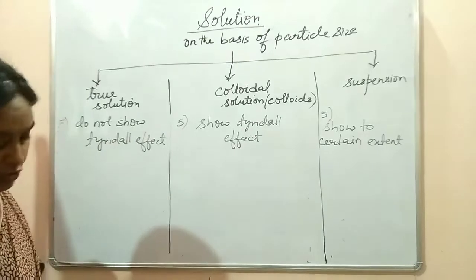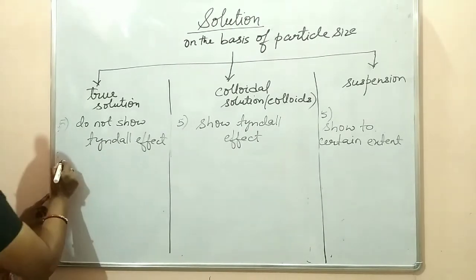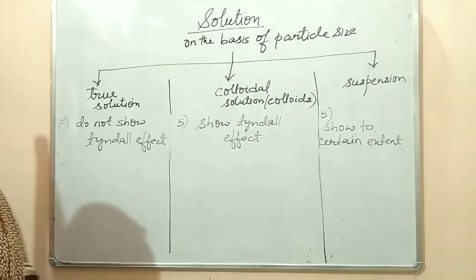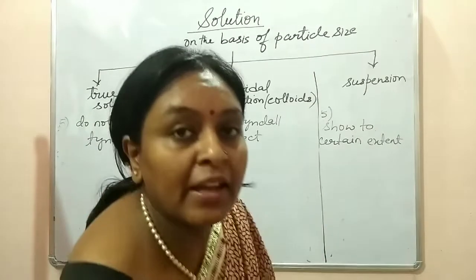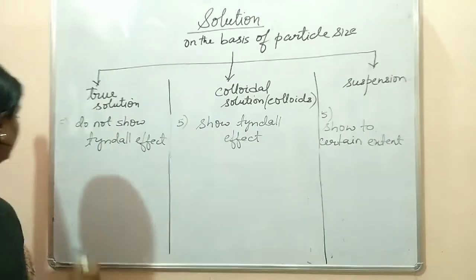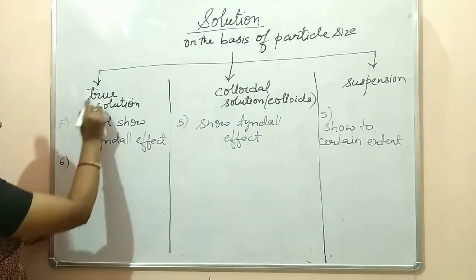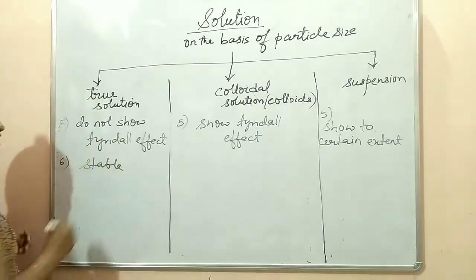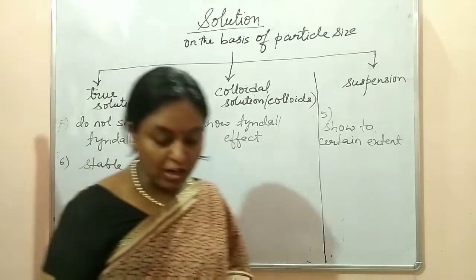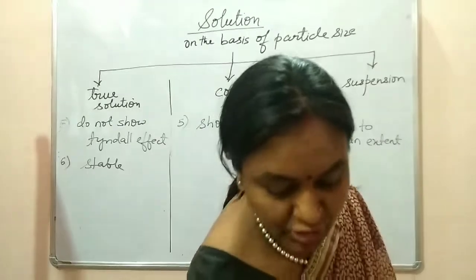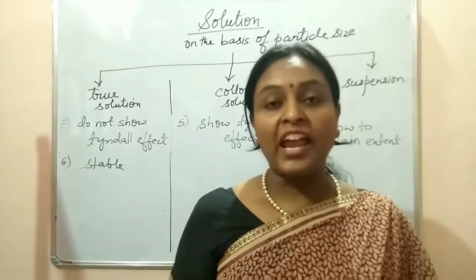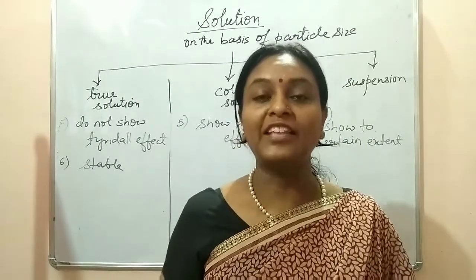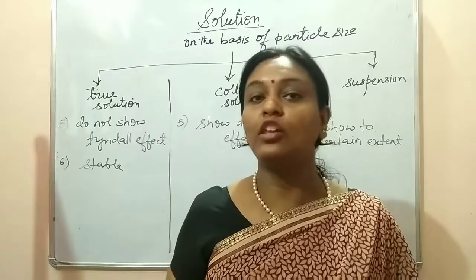Next, in terms of stability, what do we mean by stability? Stable means that when you leave it for some time, it remains as it is. When you leave a sugar solution or a salt solution undisturbed, the salt and the sugar will never separate from each other; sedimentation will not take place.